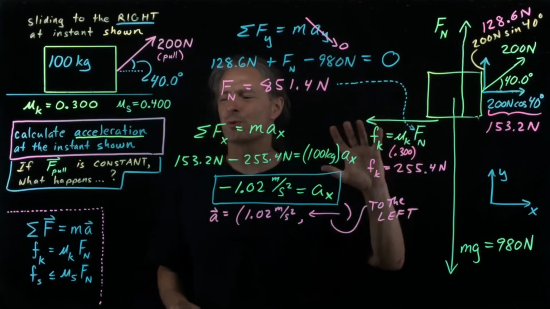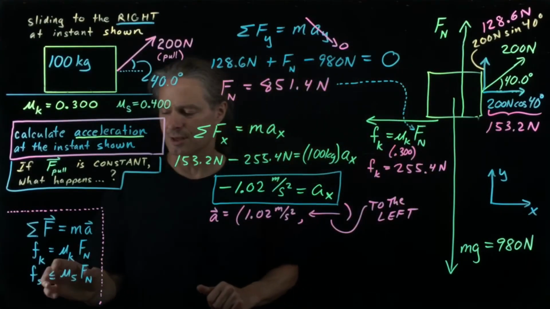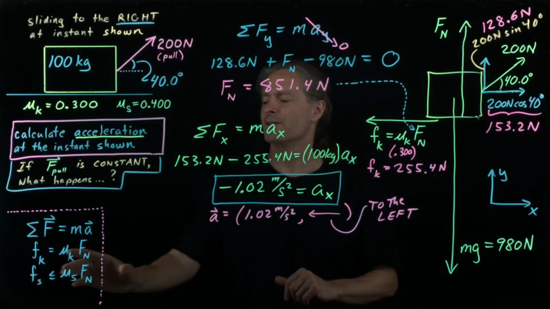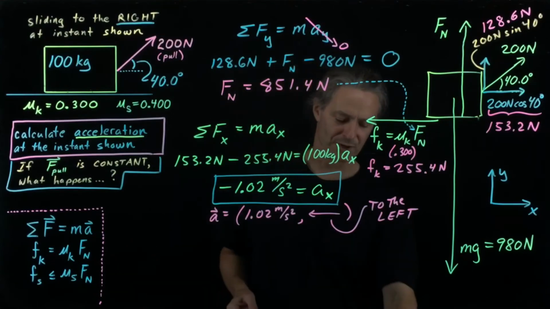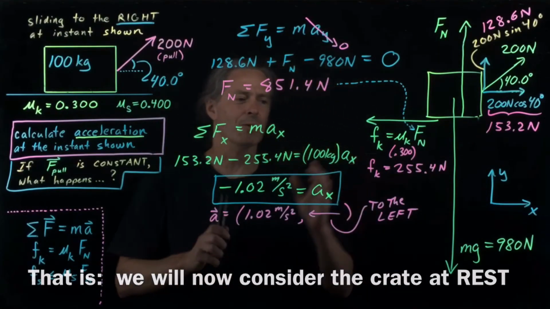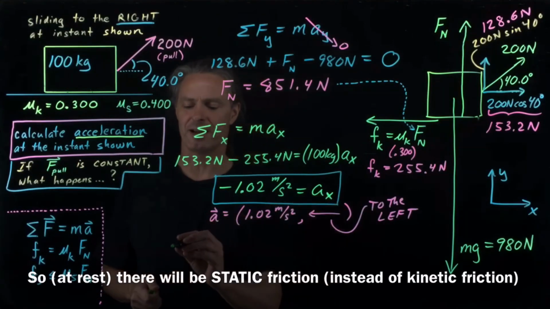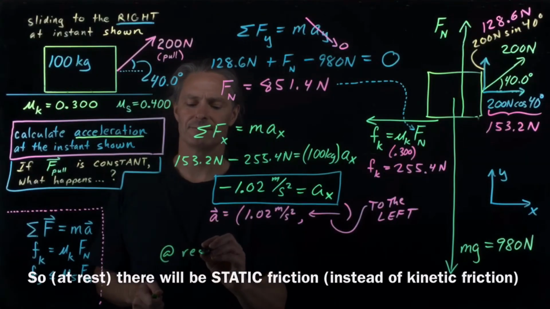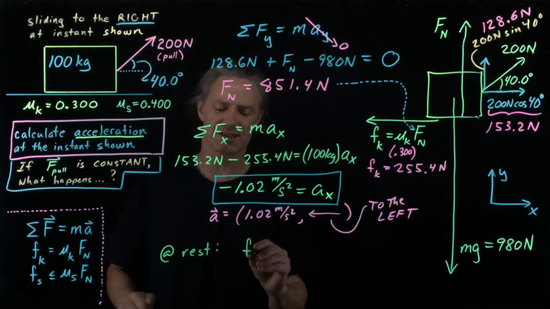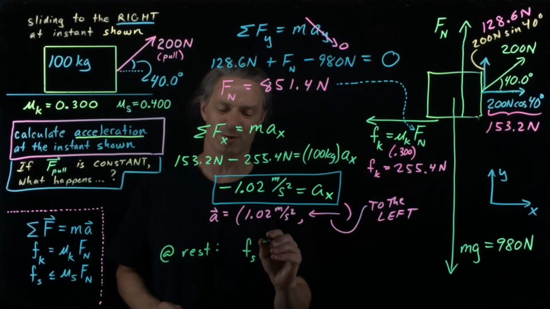All right, so what happens once it becomes to rest? It's in the static situation. So what we should do is we should figure out the static friction situation. So let me rewrite this here. I'm going to put this here. So once it's at rest, we'll have static friction. And static friction has this less than or equal sign, which makes it a little more complicated.